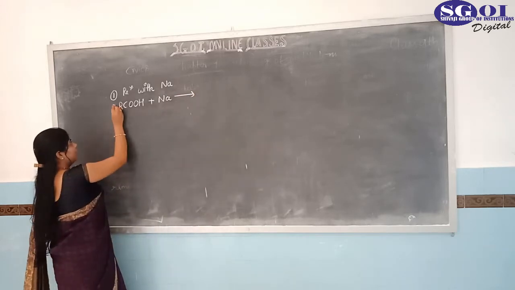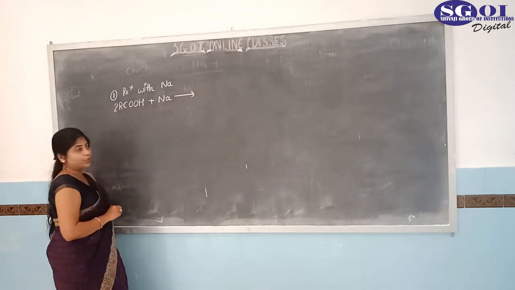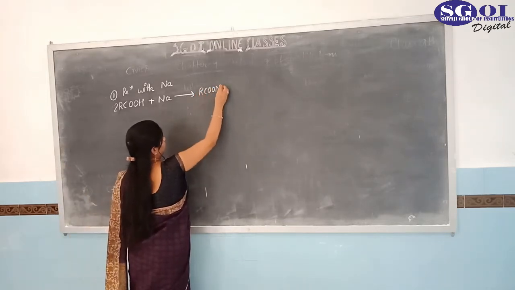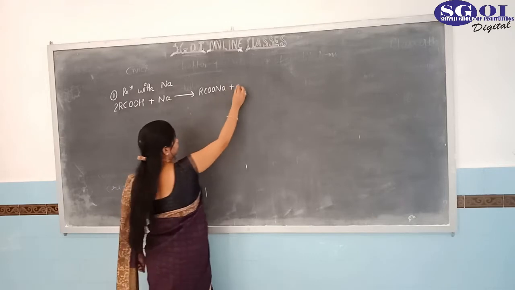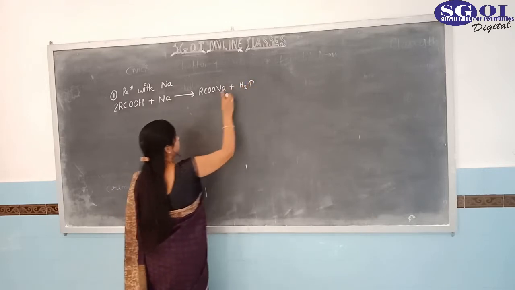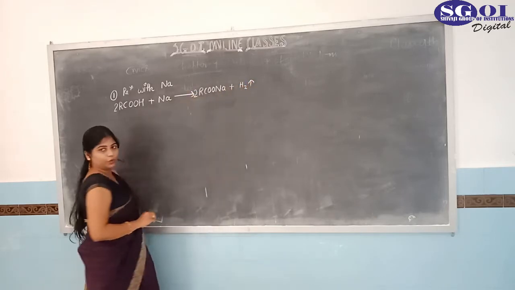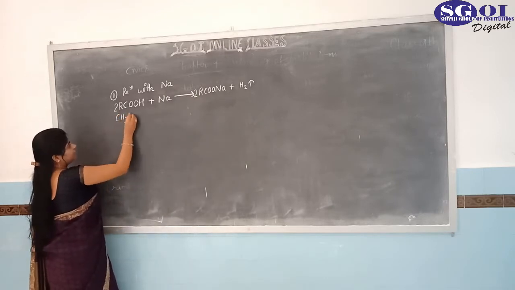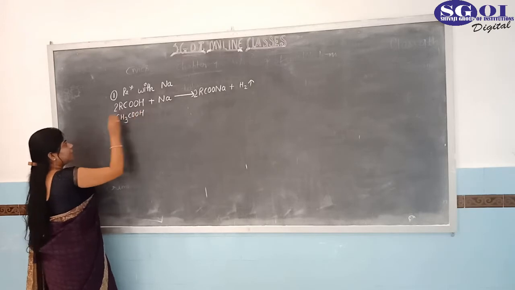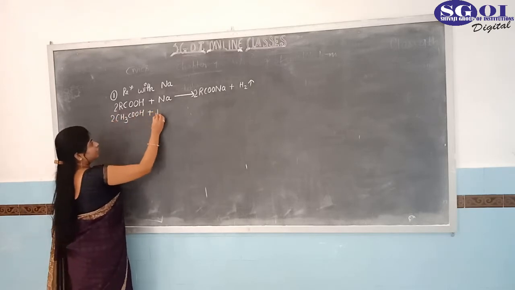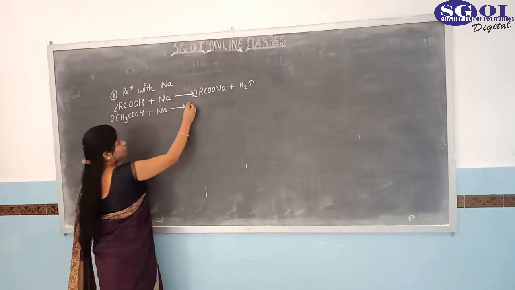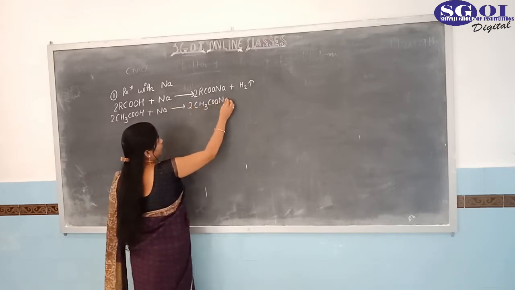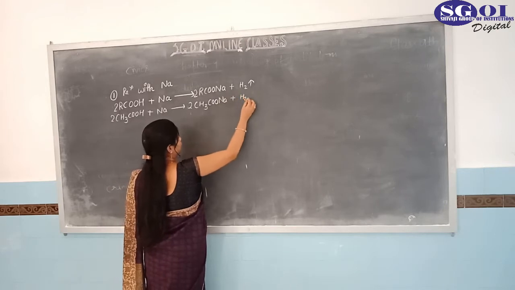So here we take 2 molecules of RCOOH to give RCOONa plus H2. It is sodium acetate. Now we take CH3COOH, for example, acetic acid reacts with Na to form 2 molecules of sodium acetate, that is CH3COONa plus H2.